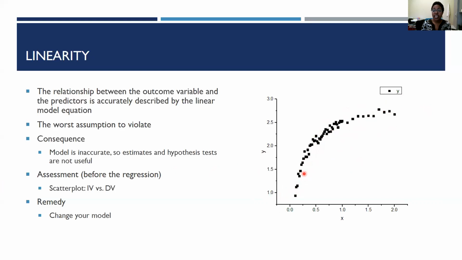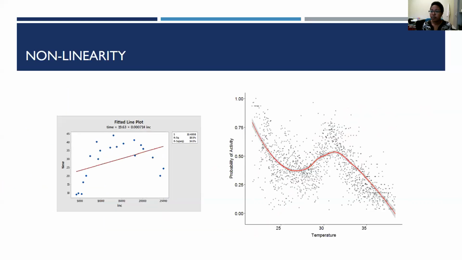But fortunately, we can check for that by running a scatter plot between our x and y variables before we run the regression. So here's some other examples of what nonlinear data looks like, right? Here you can see we've drawn a straight line, and it actually goes through some of the points, but you can see this curve right here would probably be a better fit to the data.